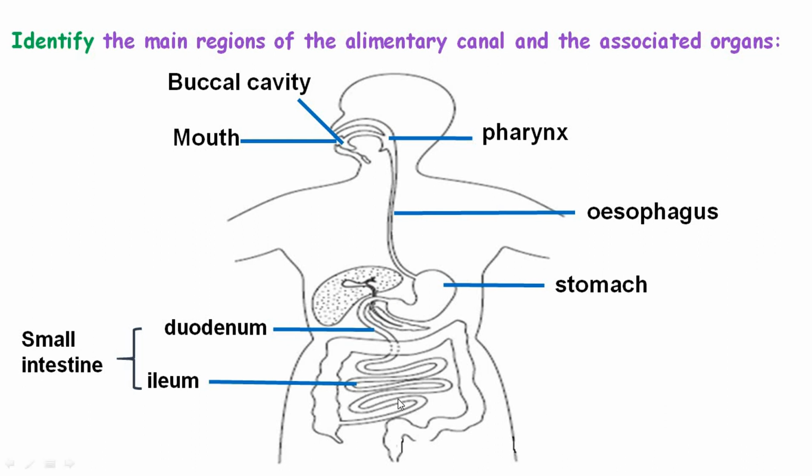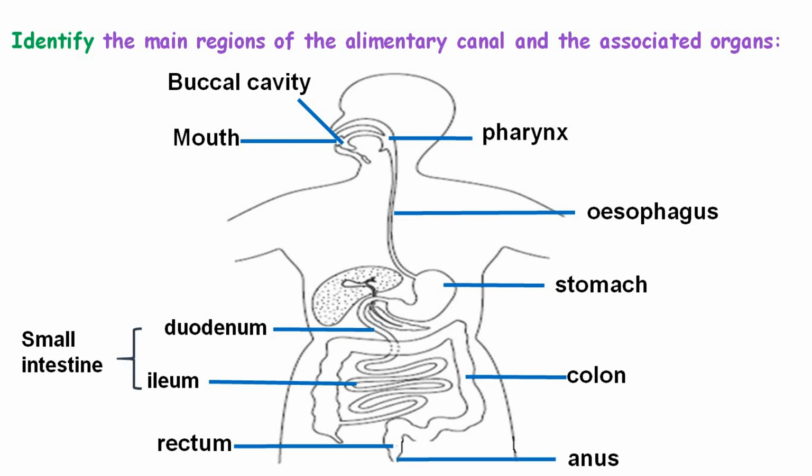The small intestine is about 6 meters long. This tube now is known as the colon, which is about 1.5 meters long. The rectum, which is the lower part of the large intestine, and finally the anus, the opening at the end of the alimentary canal from where undigested and unabsorbed food material exits the body.